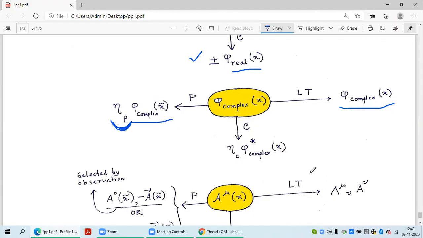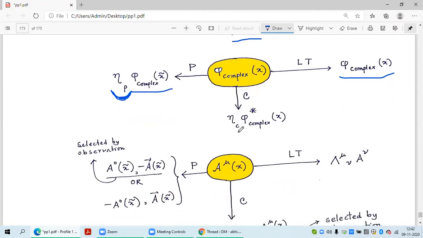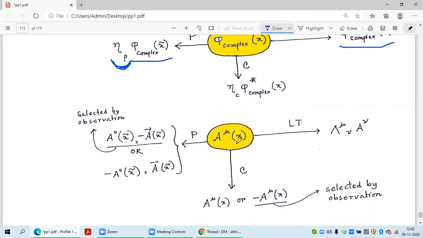Hello? Okay. So similarly, for a complex scalar field, under charge conjugation, it changes to its star. So keep a careful look: when fields are complex or not real, their charge conjugation will star them. Similarly, for the mu field, you can see these three transformations. Under Lorentz transformation, it is a vector, so it will transform like the coordinate.